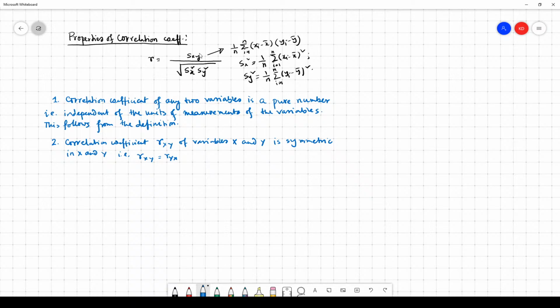See, Sxy and Syx are the same. Similarly, this is Rxy, okay? And Ryx is Syx by root over Sx square Sy square. So these two are the same thing because Sxy equals Syx. That's why the correlation coefficient is symmetric.